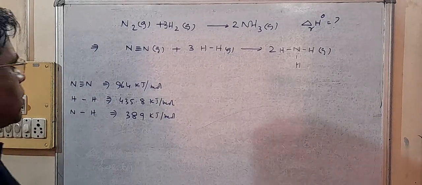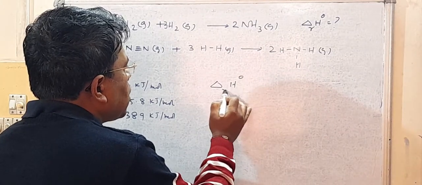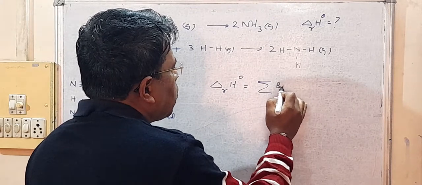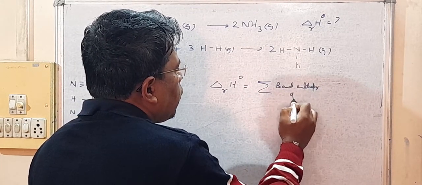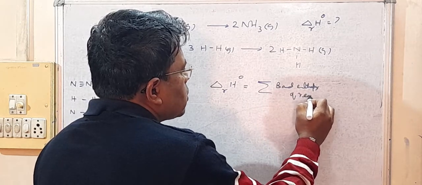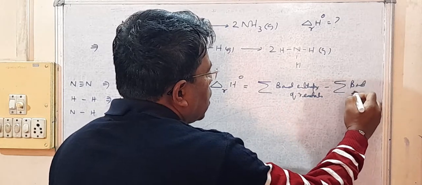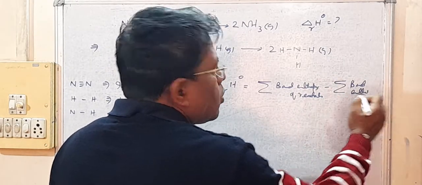Okay. Now since it has been said enthalpy of reaction, standard enthalpy of reaction, it is the summation of bond enthalpy of reactants minus the summation of bond enthalpy of products. It was said like this.